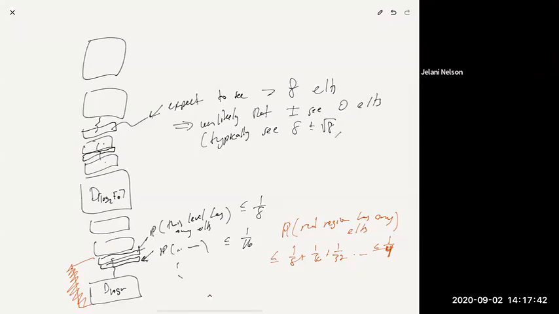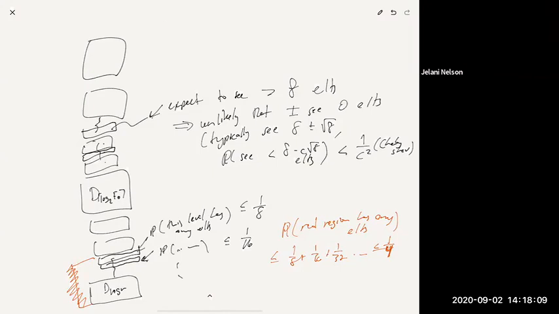So the probability that I see less than 8 minus c root 8 elements is at most 1 over c squared by Chebyshev. Right, so it's unlikely that I'll see 0. Okay, because I have to deviate a lot from my expectation to see 0.